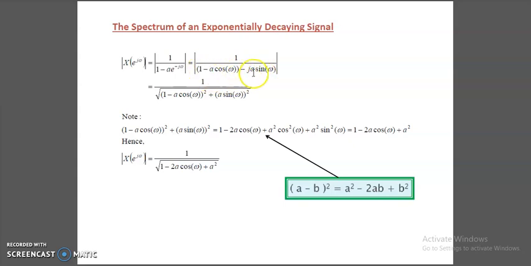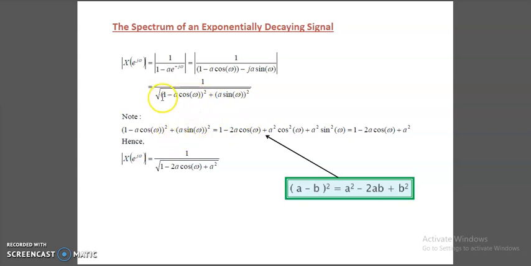And we can rearrange. Here it is the modulus of a complex number. So you will get 1 by square root of real part square plus imaginary part square. That is 1 by square root of 1 minus a cos omega the whole square plus a sin omega the whole square. And we can simplify this equation further.